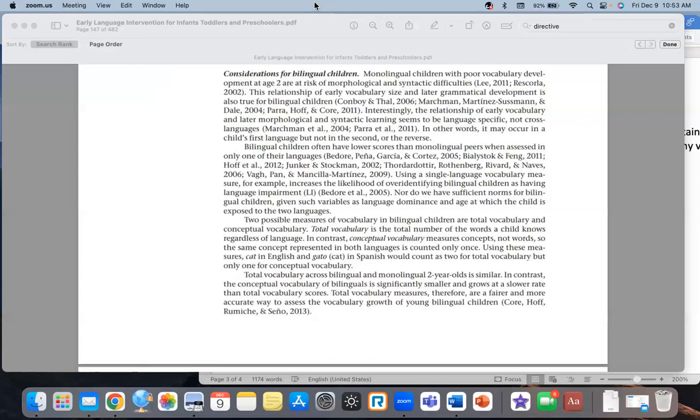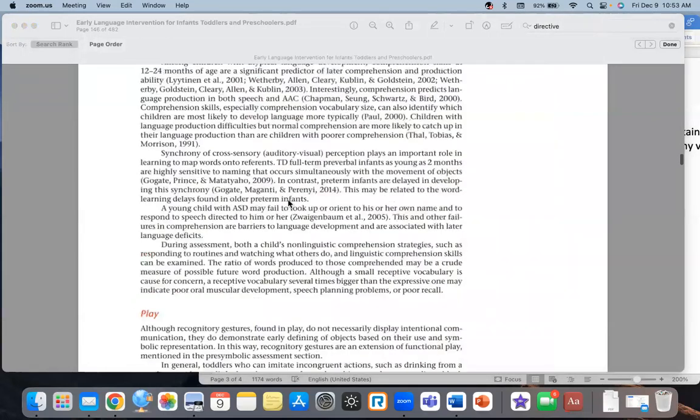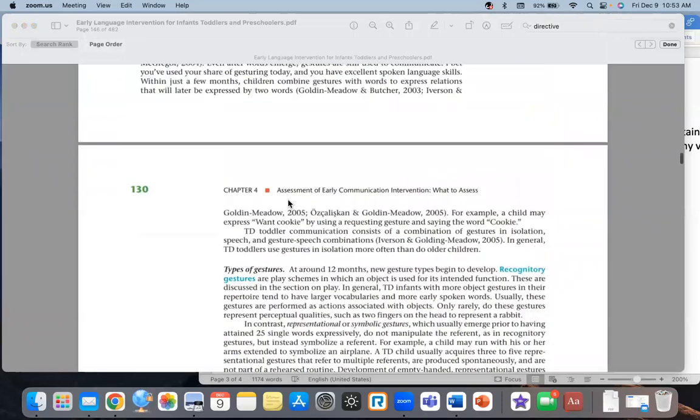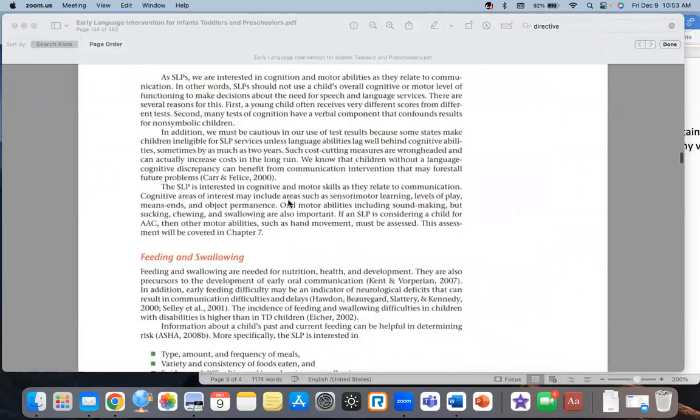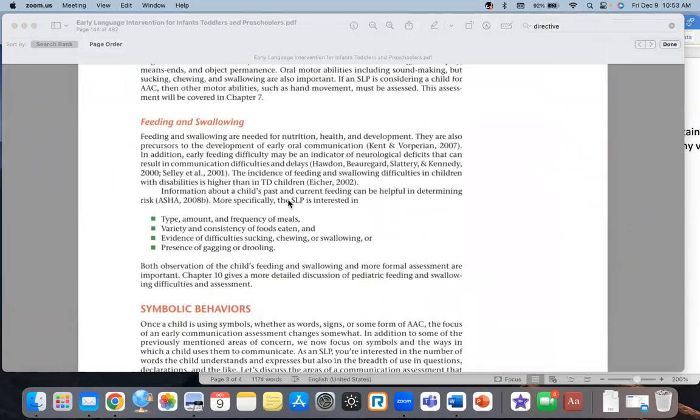I would see what is in the book. I feel like I just passed a section on swallowing. So let me see here. Yeah, you did. Feeding and swallowing. Okay, they're needed for nutrition, health, and development. We know that. They're precursors to development of oral communication. Early feeding difficulty may be an indicator of neurological deficits that can result in delays. Okay, so that feels important to know.